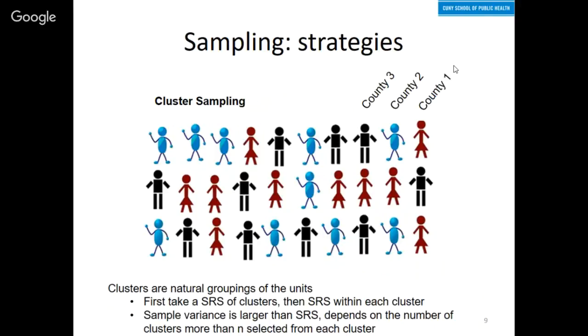So you can have a systematic component to it, but in the end, your sampling has to be random, and every one of your observational units has to have a pre-specified probability of being sampled, which can't be 0.